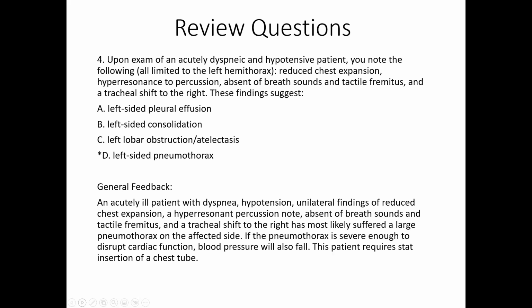But again, left-sided pneumothorax, okay, which is going to push the trachea, among other things, to the right-hand side. And that's what this is saying. Acutely ill patient with dyspnea, hypotension, unilateral findings of reduced chest expansion, hyperresonant percussion note, absent breath sounds, tactile fremitus, tracheal shift in the opposite direction: large pneumothorax, a clinically significant pneumothorax where this patient's in trouble.